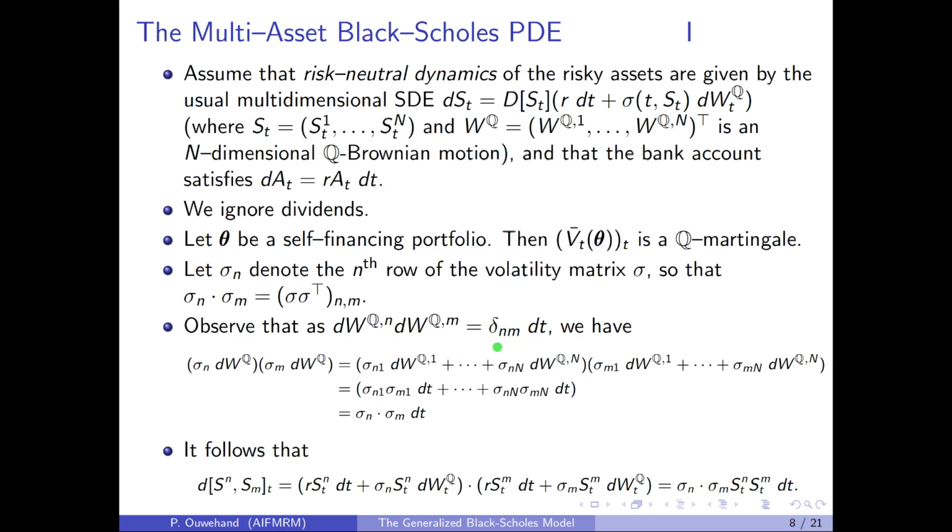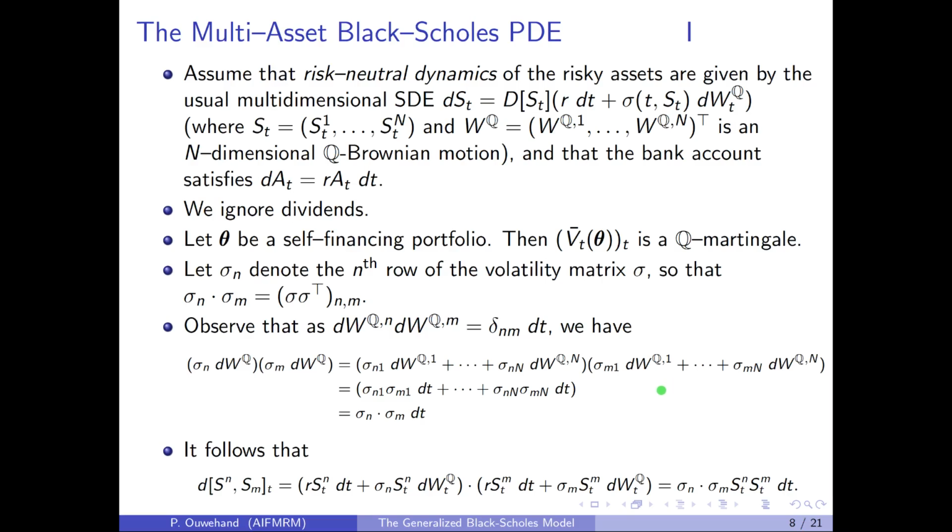It follows therefore that if we expand the expression sigma_n dW^Q times sigma_m dW^Q, using all the possible components, we obtain the following result. Note that we only get contributions of the first term with the first term, the second term with the second term, etc., and that the cross terms all evaluate to 0.